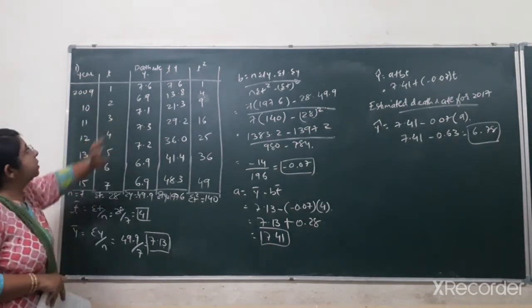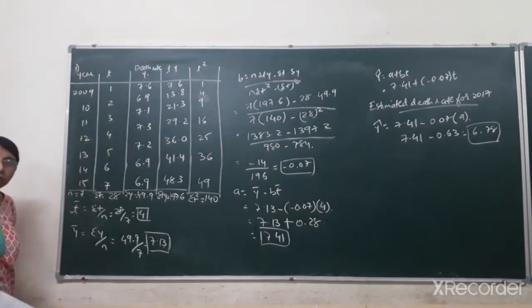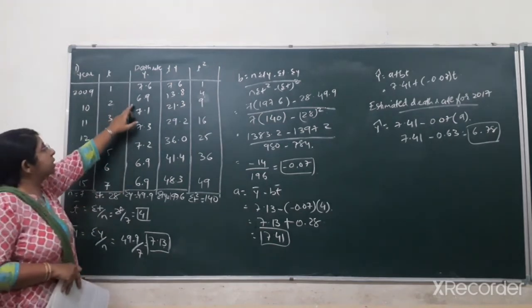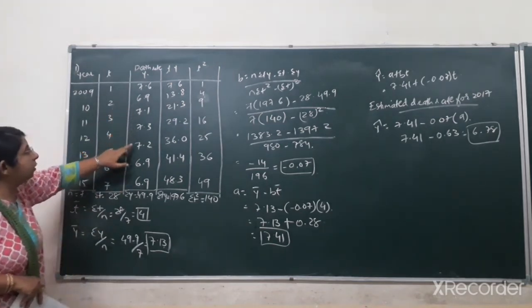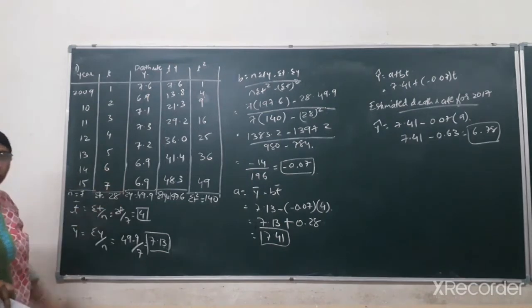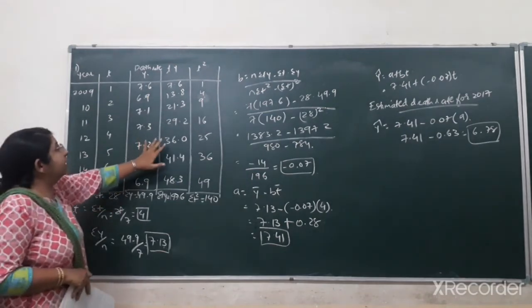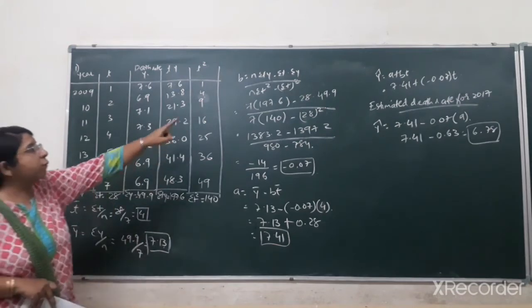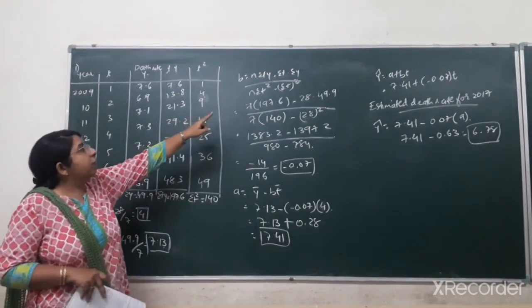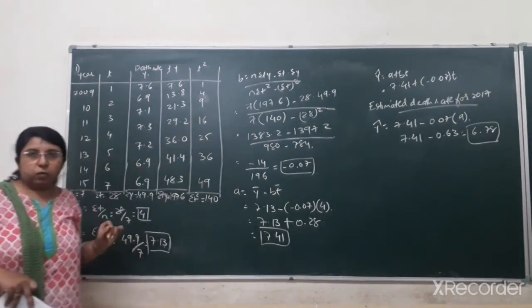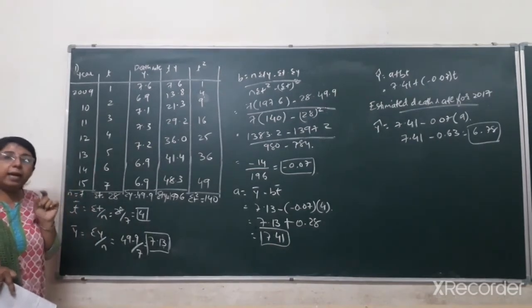Okay. Then afterwards death rate, that is y, that is given to you in the question: 7.6, 6.9, 7.1, 7.3, 7.2, 6.9 and 6.9. That has been given to you in the question. Then afterwards you have to find Ty, because according to our formula we need the value of sigma Ty. Okay, so multiplication of T and y.